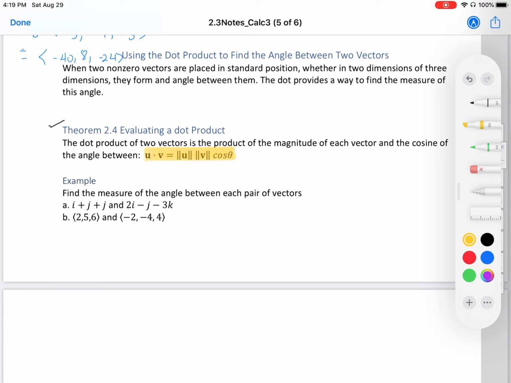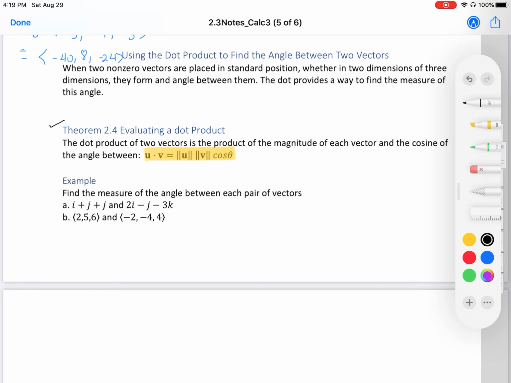is the dot product of u and v is equal to the magnitude of u times the magnitude of v times cosine theta. Now remember, an equation is so powerful, we can use it however we'd like.